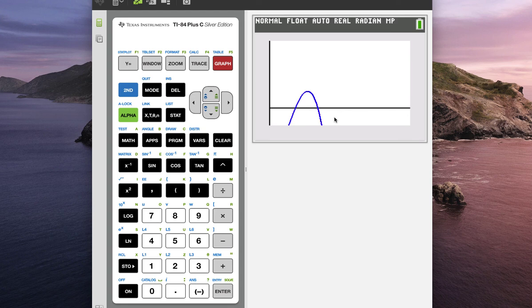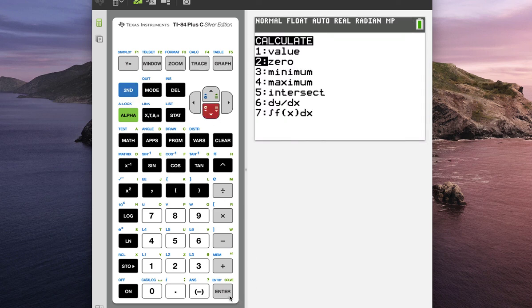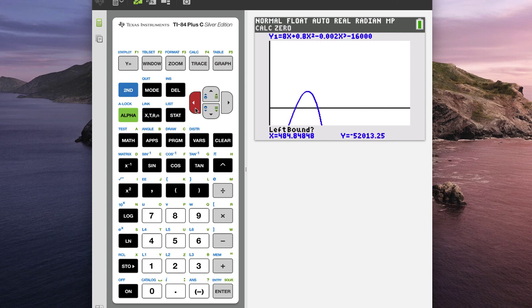And so we can see when it is that the inequality that we had is greater than 0, which corresponds to when the profit is greater than 12,000 because of how we started it out. So just like we've already learned how to do, we can find these zeros. Second calc, 0. And we just need to get to the left, and to the right, press enter.